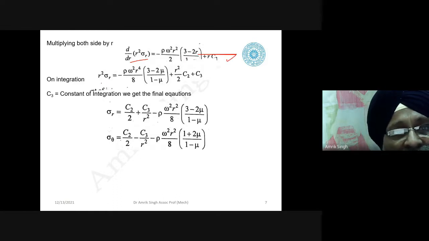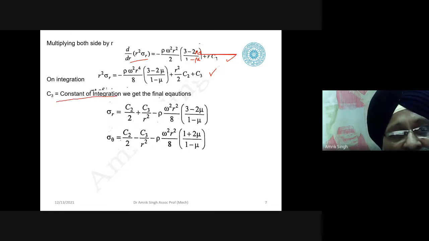So on integration, you will get R square sigma R is equal to rho R square into R 4 upon 8, 3 minus 2 mu upon 1 minus mu, plus this will be R square upon C2 plus C3. Okay. So C3 is the constant of integration.